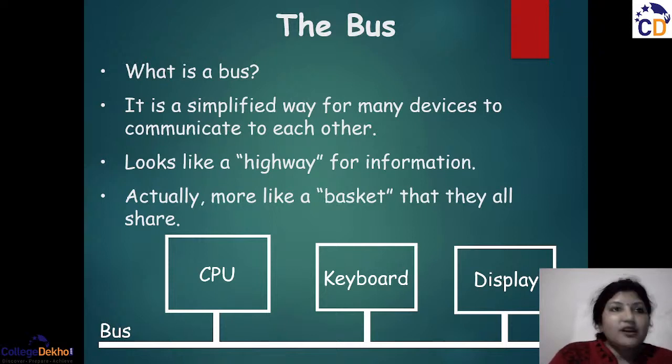Yes. So they all are connected to each other and they all share that particular basket that is known as bus. So bus is the most important part in any network or for connection of different devices, for connection of various hardware or input and output devices, right?